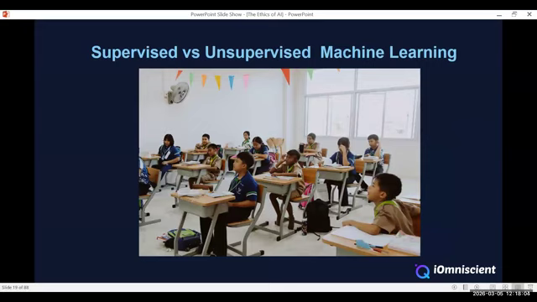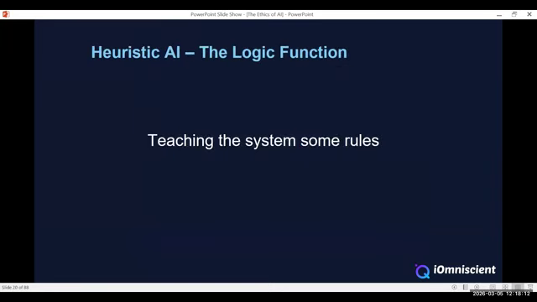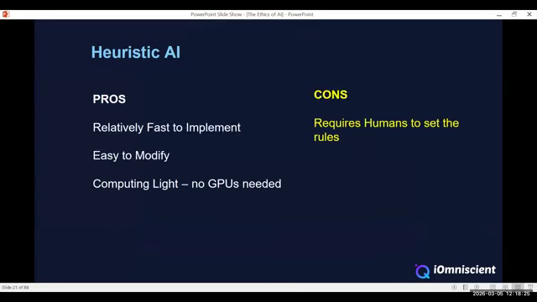Then over time, people developed what we call supervised learning, and that moved into things like heuristic algorithms, where you taught the system some basic rules, and the system would be able to understand those and follow those. The pros of that type of capability is that it's very fast to implement and easy to modify, because if you don't like the rule, you can change it. It is fairly computing light. No GPUs were required. The cons, of course, was that it required humans to set the rules.